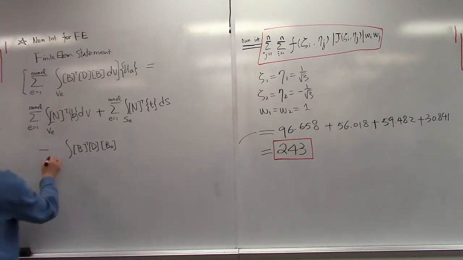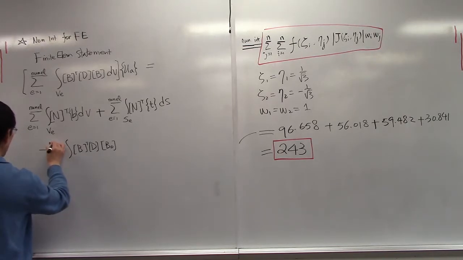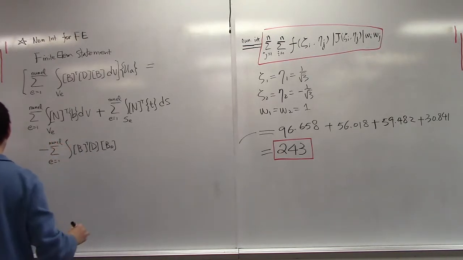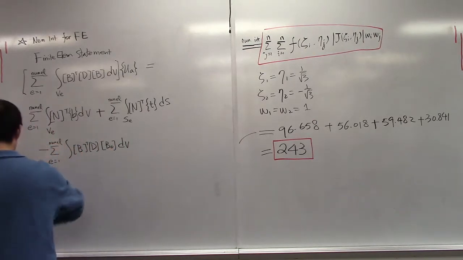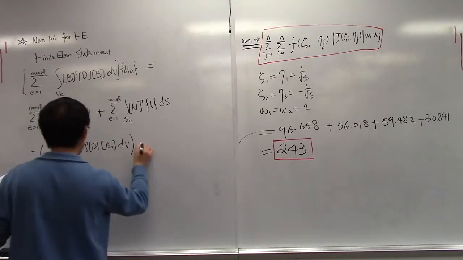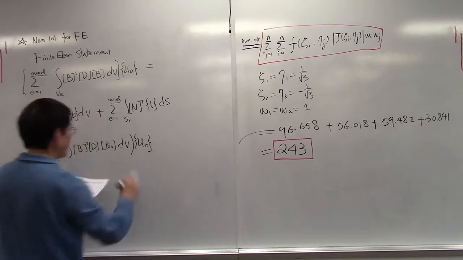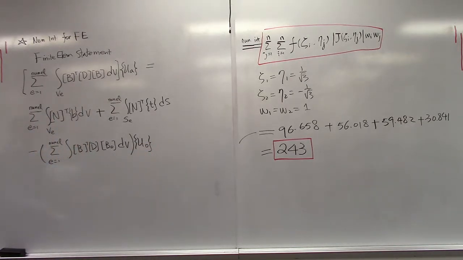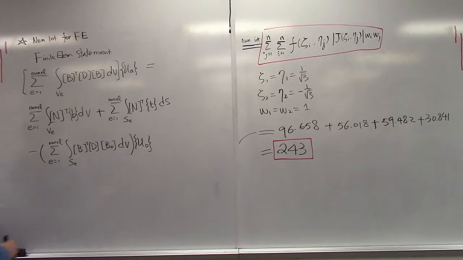Sum together, E is from 1 to number of elements, and then dV. All these times U0. And U0 is the prescribed nodal displacement. This integration is, again, over each element.